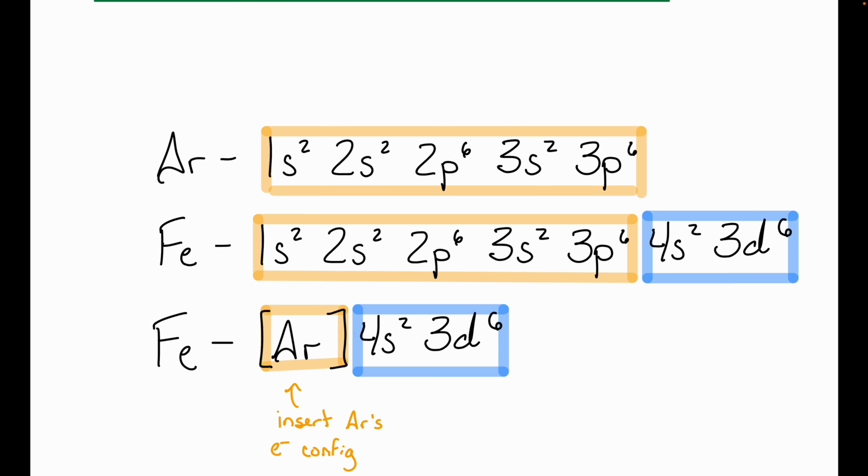Cool. So we can use this noble gas abbreviation, and that just saves us some writing. By saying bracket argon, I'm saying insert argon's electron configuration, and then add 4s2 3d6 to get iron.